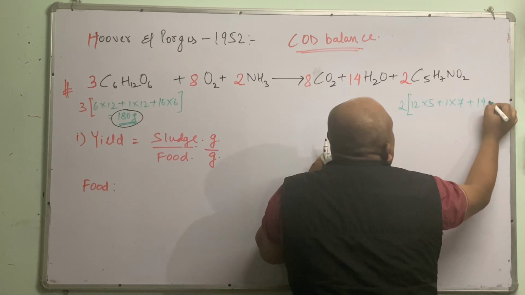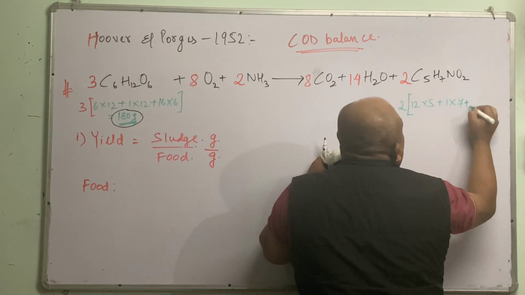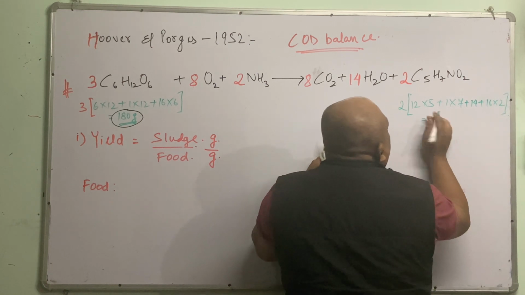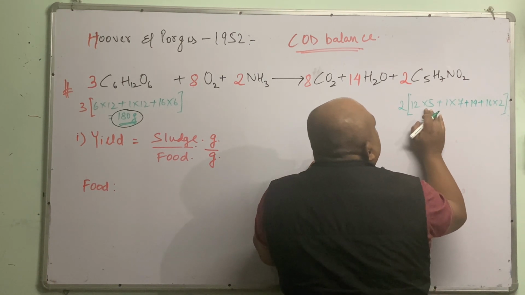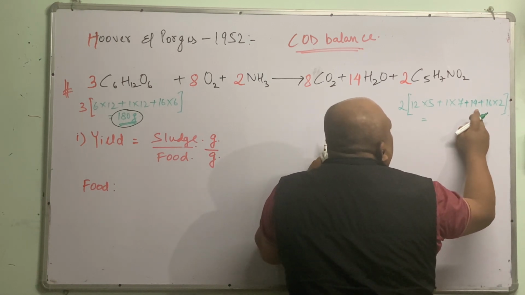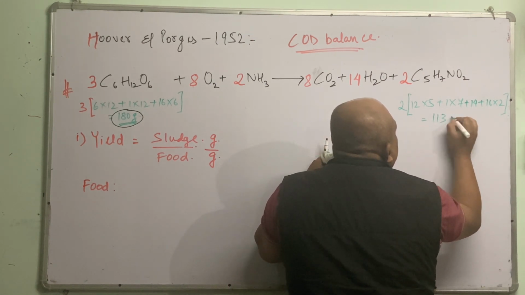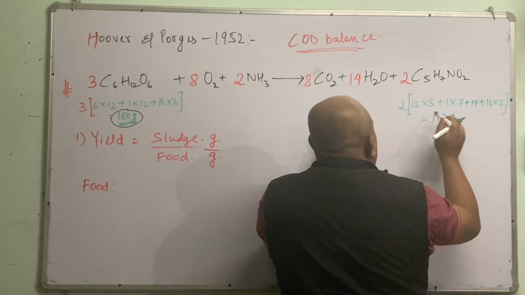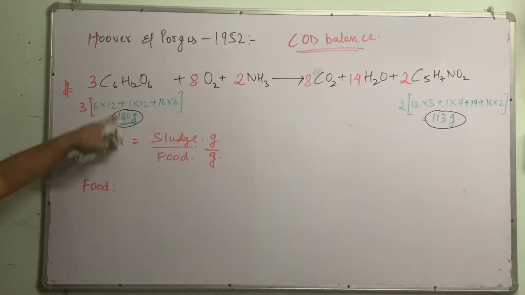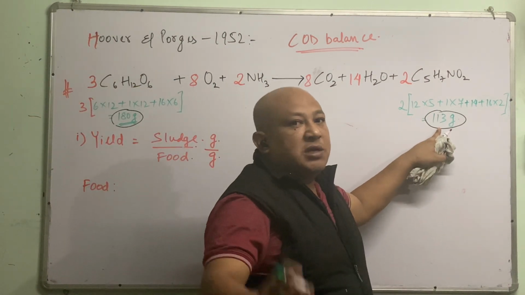Nitrogen is 14 plus oxygen 16 into 2, correct? 12 times 5 is 60, 60 plus 7 is 67, plus 14 is 81, 81 plus 32 is 113 grams. So it is like 180 grams of glucose into 3 will give 2 into 113 grams of biomass.